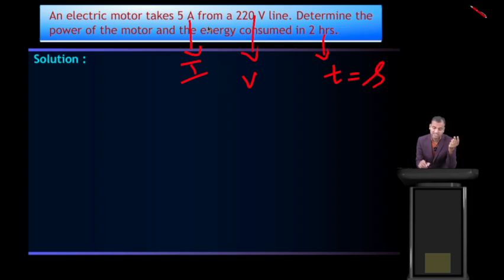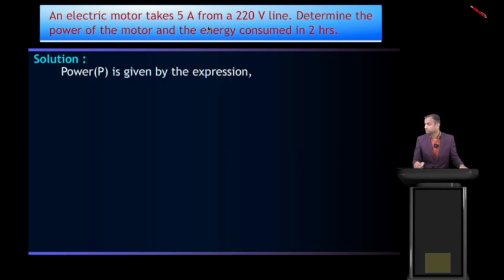So first we have to convert 2 hours into second. Now power is given by an expression. What is the expression of power? Very good. This is again V into I. So from here we can find the power, 5 into 220.